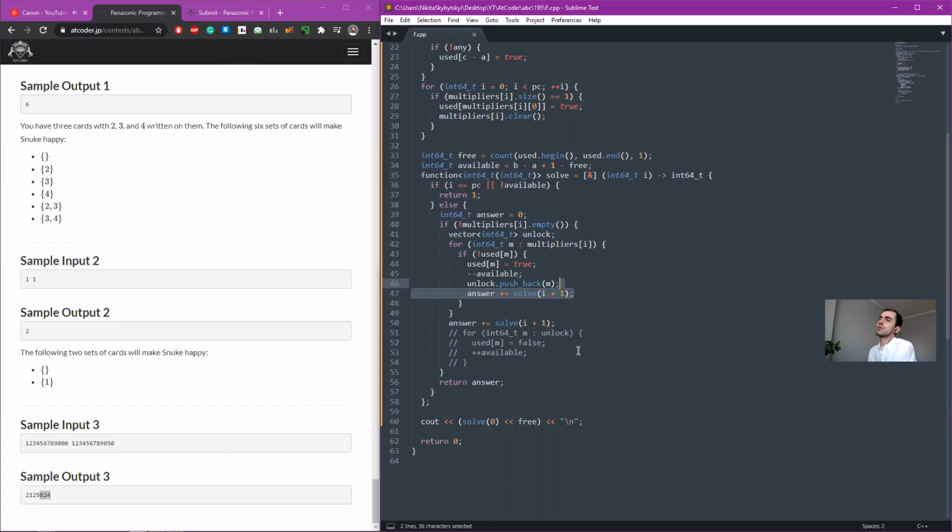I'm trying to loop over all numbers that I can't possibly take. And it seems like what's going to happen? The thing is that I want not to take the same number later, right? So my idea is fine.